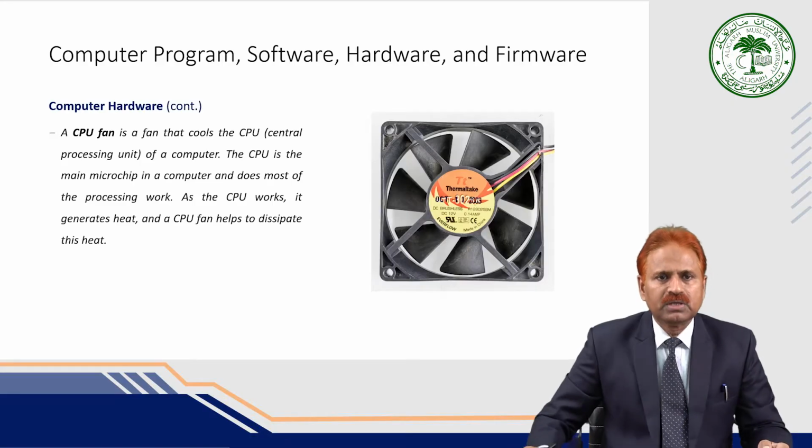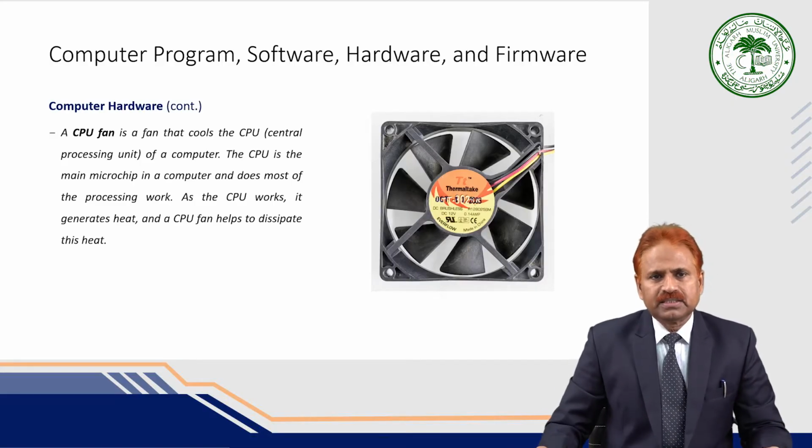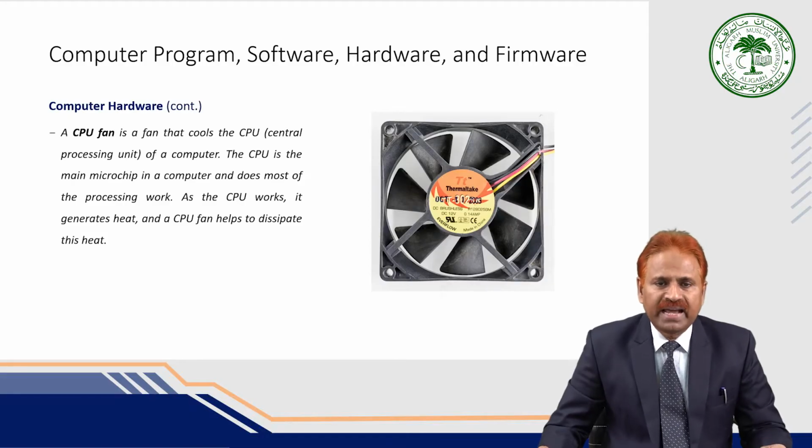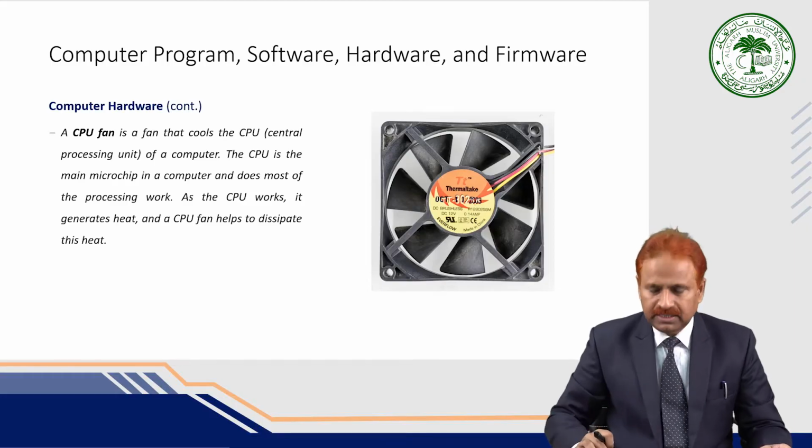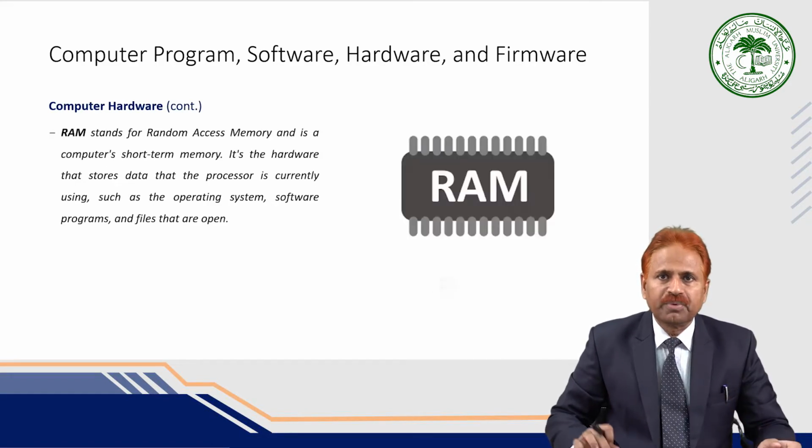A CPU fan cools the CPU of the computer. The CPU is the main microchip in a computer and does most of the processing work. As the CPU works, it generates a lot of heat, and a CPU fan helps to dissipate this heat and cool down the system and maintain the proper temperature so that the computer keeps on operating.